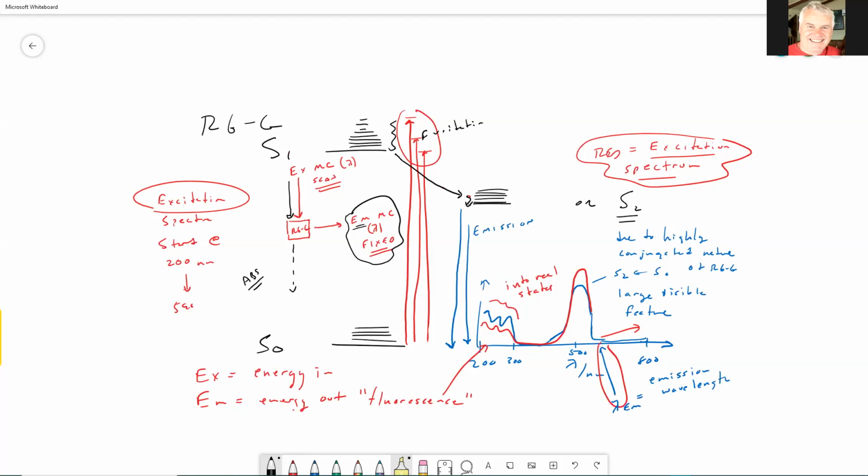Because a photon is absorbed by the molecule, and that photon is then gone. It's lost. Its energy is taken up by the molecule, which then gives some away as heat, and then emits, and then changes state, gives more away as heat, and then emits.